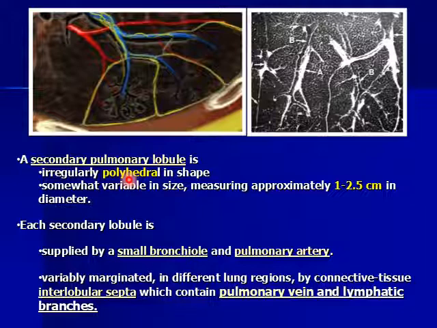The secondary pulmonary lobule is polyhedral in shape, irregularly, and their diameter ranges from 1 to 2.5 centimeters.